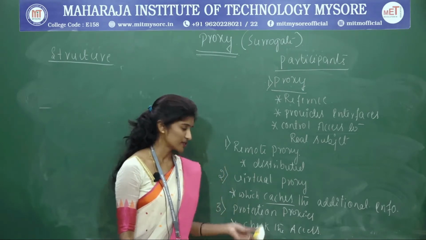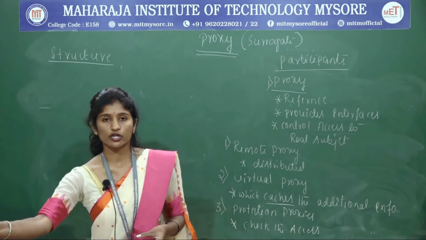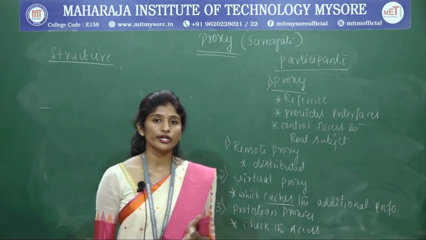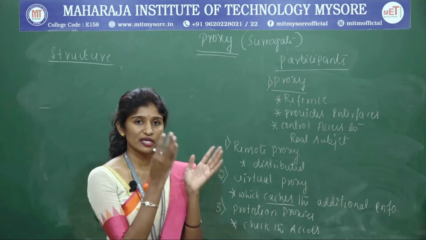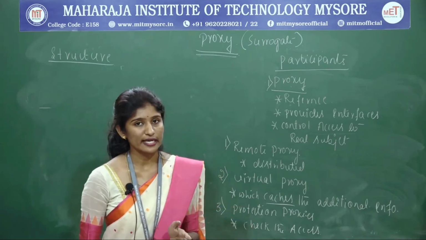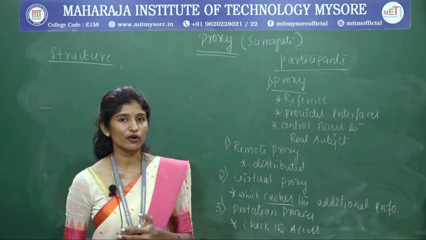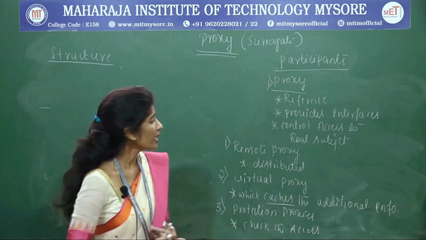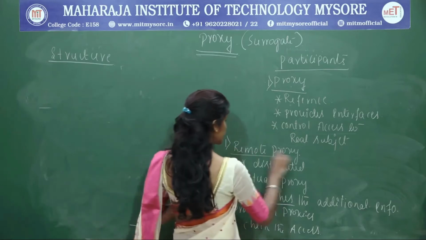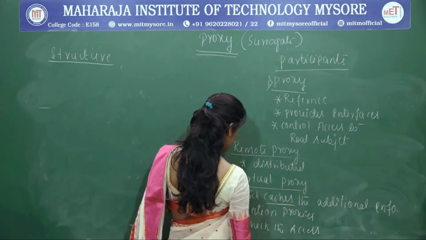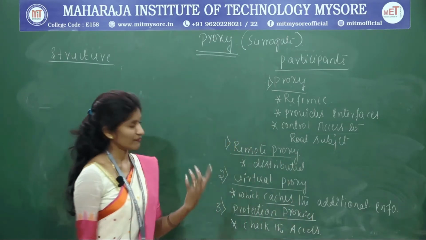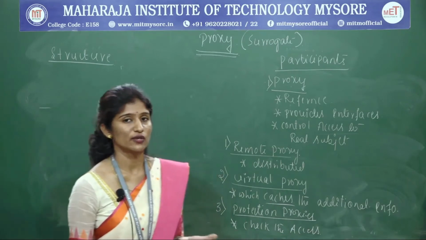For that you can use the protection proxy, which focuses on whether it is a privileged, authorized access or not. It provides protection against unauthorized access. So these are the three major kinds of proxy, or different varieties of proxies you can use.